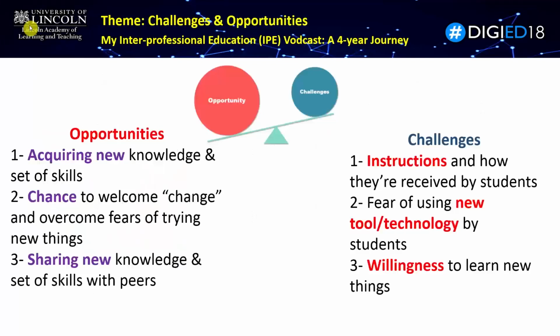And because the activities were quite new, you had to have those detailed instructions for them. So I think they wanted someone to narrate those instructions for them. It was the fear of using a new tool and technology. Those minority vocal students did voice the opinion, saying, why should we do this? We are not fine arts students.